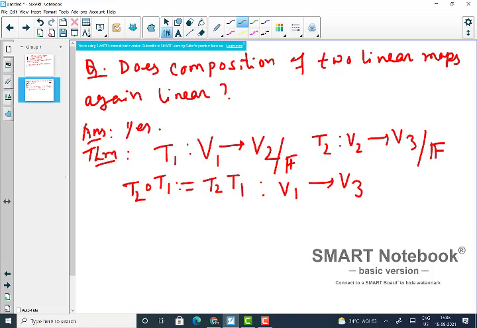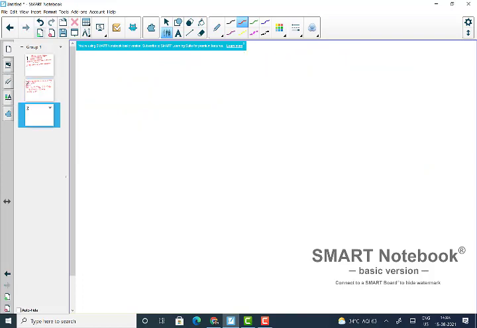So how to check it is a linear map? You choose two elements, say u and v belonging to V1, and you choose a constant, say c belonging to F. Now let us try to find out what happens when you evaluate T2 T1 on cu plus v, whether it satisfies the equivalent properties of linear maps or not.